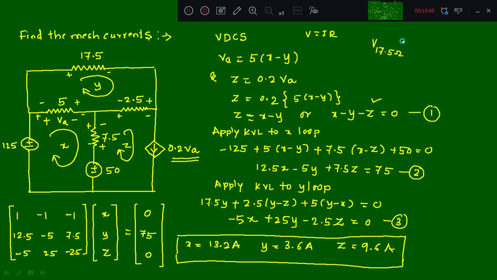So we know that V equals I into R. We know the R value, 17.5 ohm is the resistor. What is the I value there? It's y. What is the y value here? It's 3.6 into 17.5, so many volts. Such questions can be added in the same numerical, right?